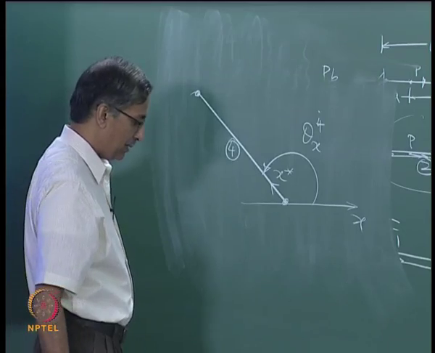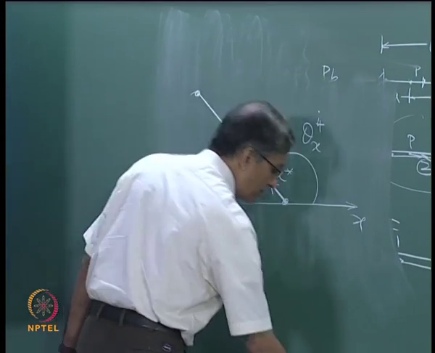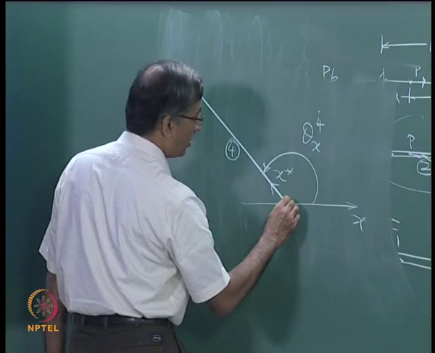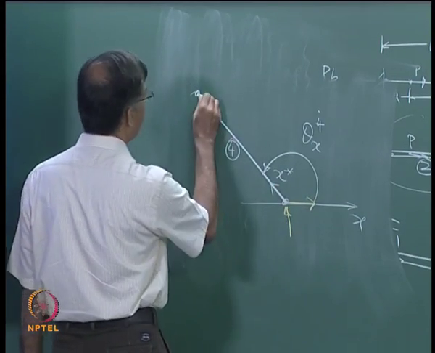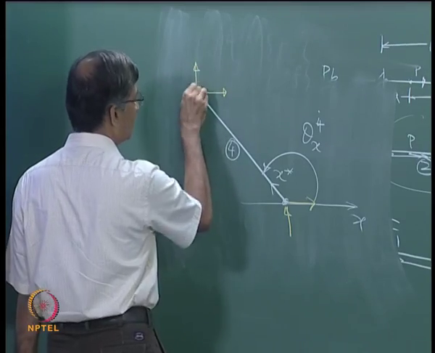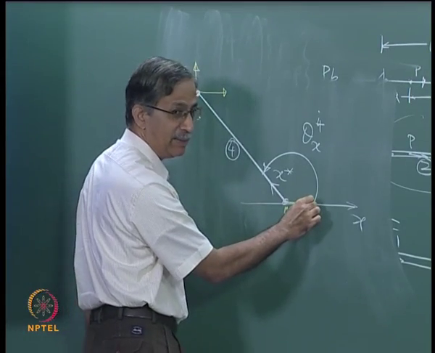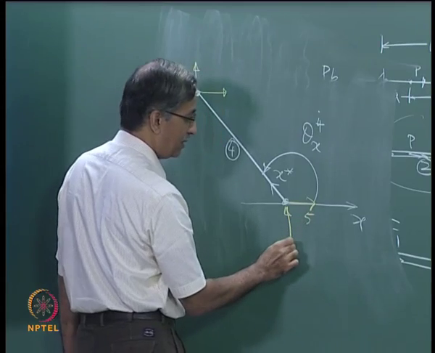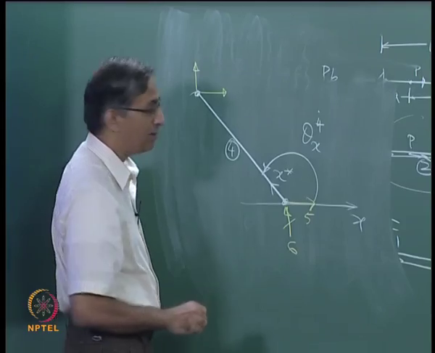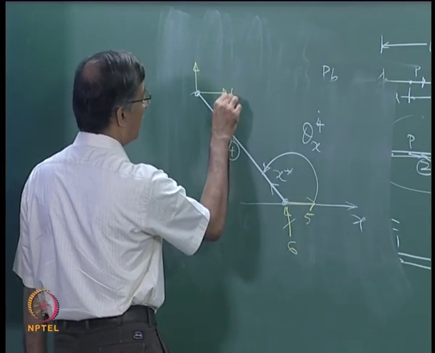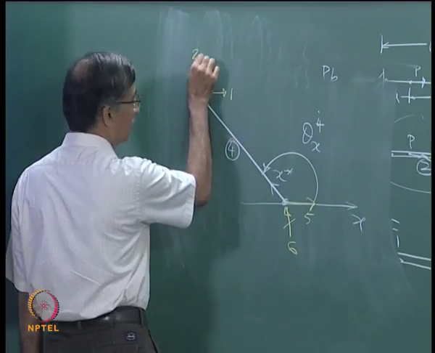Okay. Now, what are the structure coordinates here and here, here and here? What is this number? 5. What is this number? 6. But it's kind of a restraint coordinate. What is this number? 1. What is this number? 2. Got it?